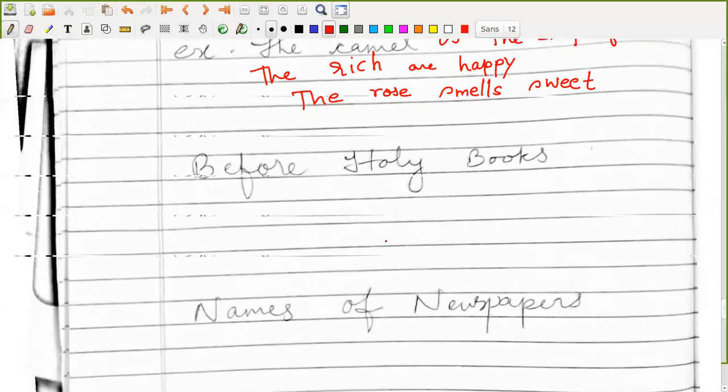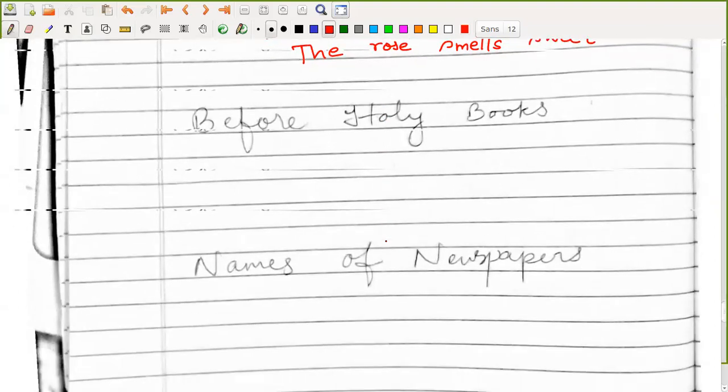Then before holy books. Give examples of how the is used before holy books.